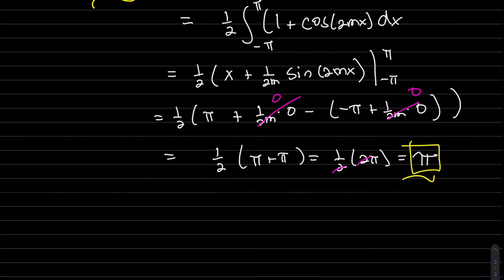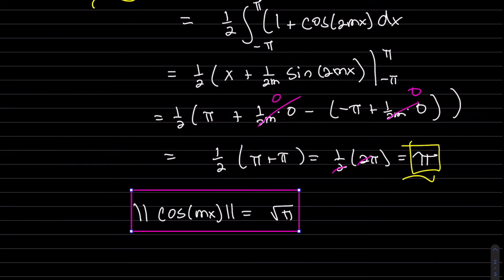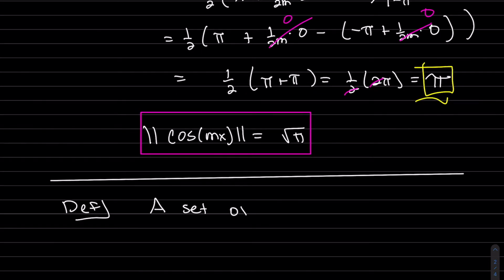Therefore, the magnitude is the square root of pi. The set actually goes on and doesn't end. It's an infinite set.